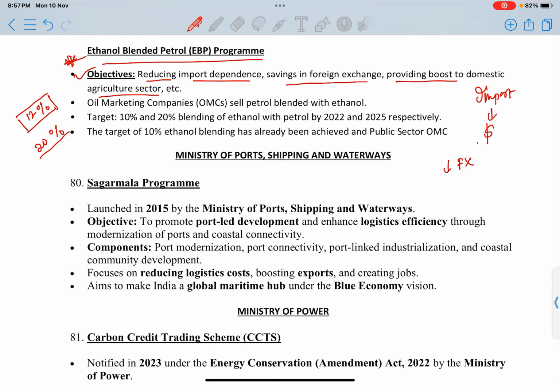So to save that foreign exchange reserve, to make our economy strong, we are blending this 20% ethanol, and with the money we save from importing, we can use it in other sectors, for example agriculture sector or MSME sector, etc. See, the target is 10% and 20% blending of ethanol with petrol by 2022 and 2025 respectively. The target of 10% ethanol blending has already been achieved, and public sector OMCs, oil marketing companies.